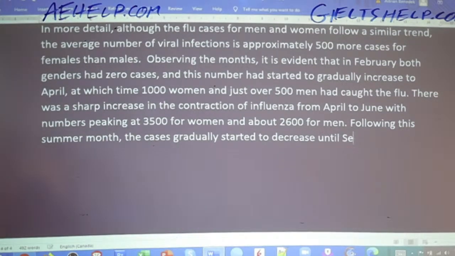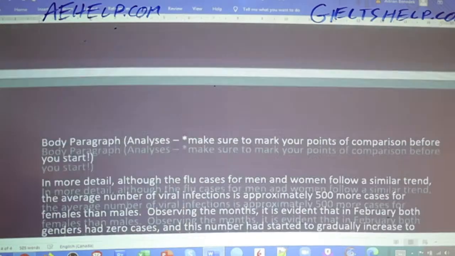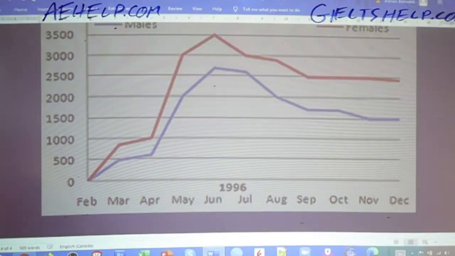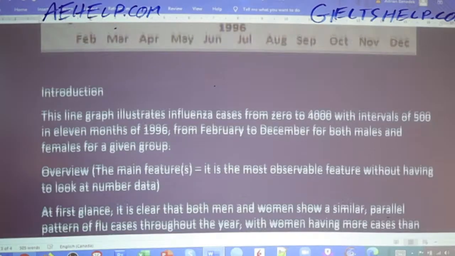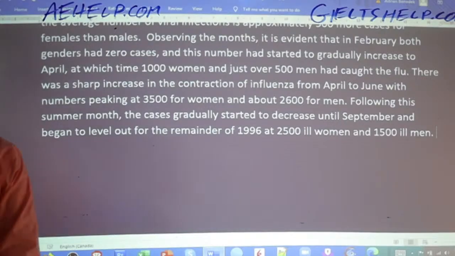Increase until September and began to level out for the remainder of 1996 at 2,500 for women and 1,500 for men. Okay, so there we go.